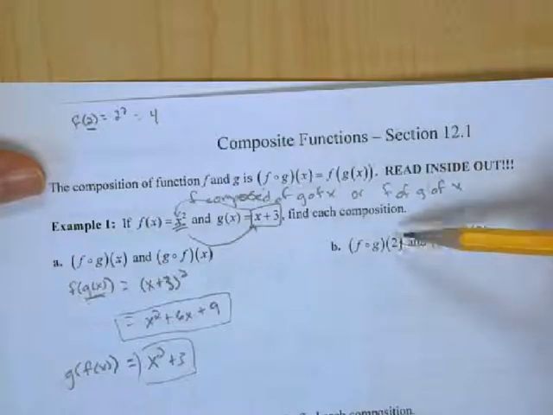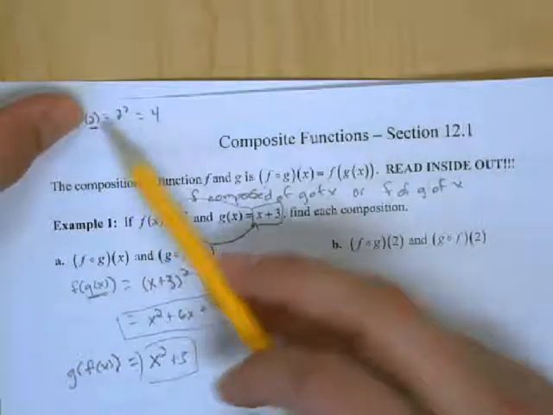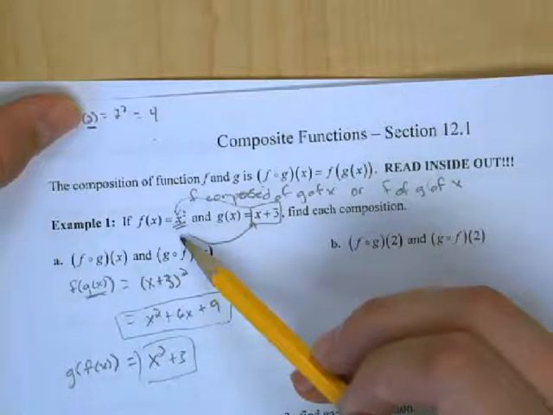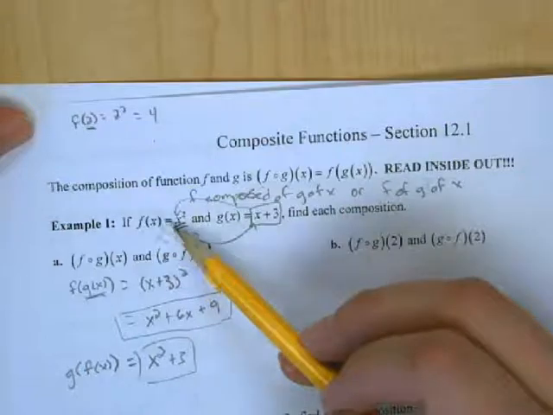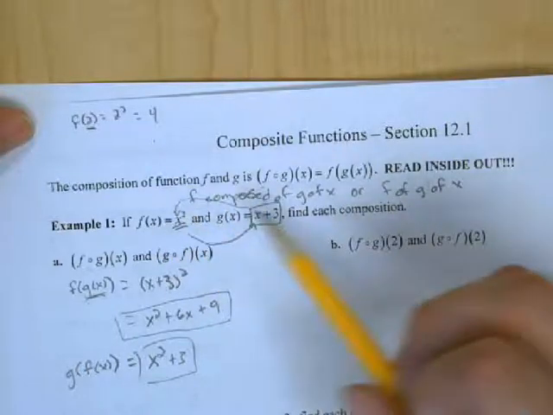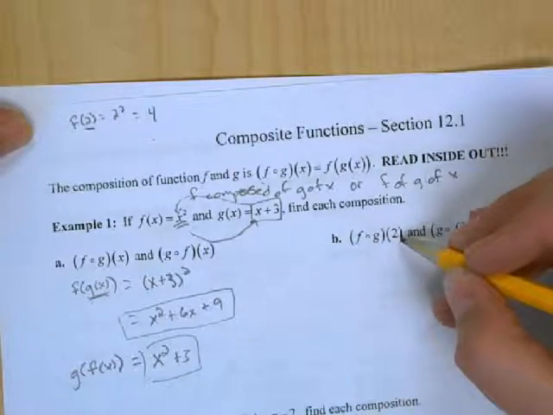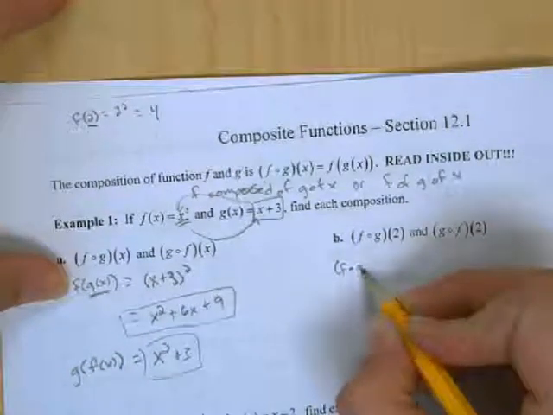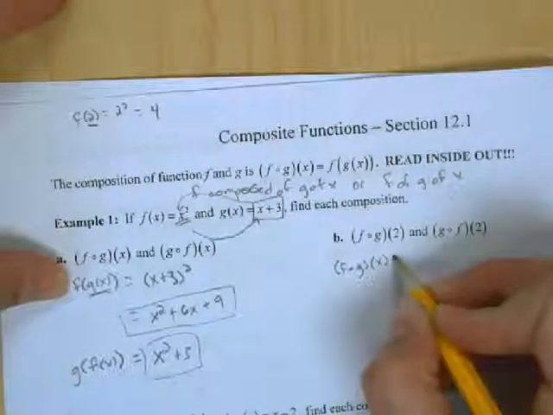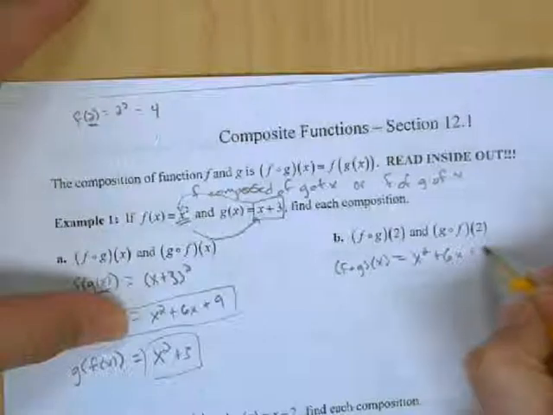Okay, well, if I wanted to find F of 2, I took 2 and I plugged it into the X value, into my F of X. Okay, F of 2 is equal to 2 squared, because F of X is equal to X squared. Well, this is the same sort of idea. If I want F composed of G of 2, well, I go to my F composed of G of X, which we already found to be X squared plus 6X plus 9.